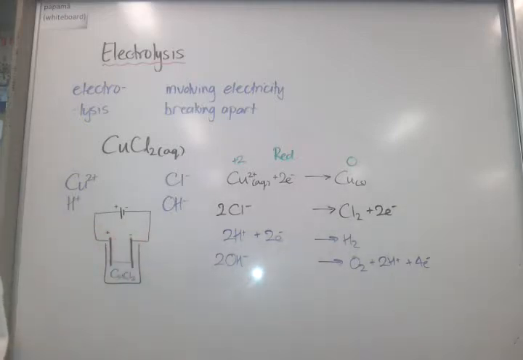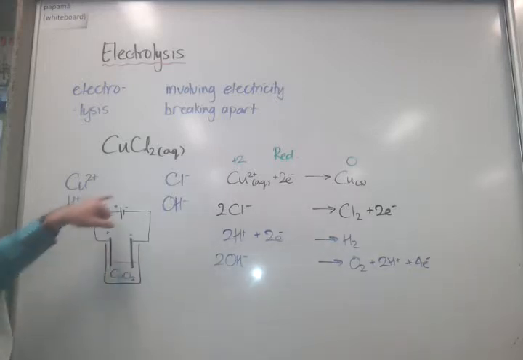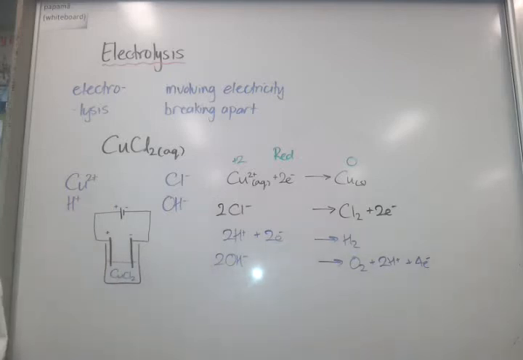Which ions are going to be attracted to this one here, the positive one? The chlorides. Cool. So we would expect the one attached to the positive terminal to collect the chlorine gas. That's the one you must put a test tube over the top of. So we'd expect this to happen here. So at the positive terminal, is oxidation or reduction occurring?